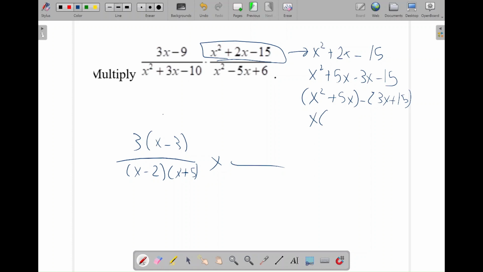We take x out as a common factor, x plus 5, minus 3, x plus 5. So we group them together, x minus 3 into x plus 5. Okay, so x minus 3, x plus 5, this is our answer. Perfect. Now we erase everything here.